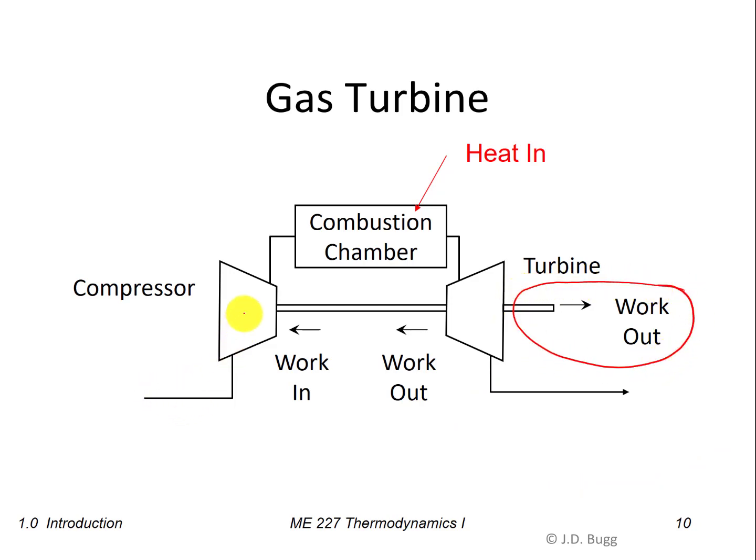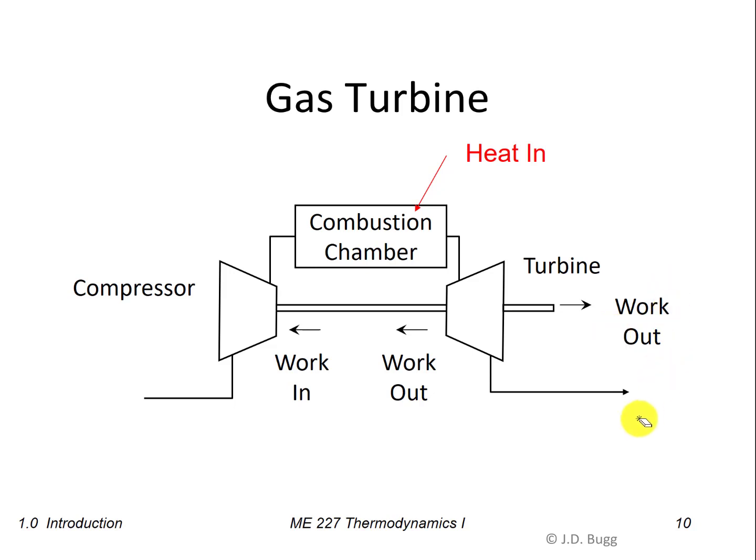So the compressor in this one and the combustion chamber or the heat exchanger are basically the same. But notice that this turbine produces work that runs the compressor, so that's the same, but it also produces extra work that is used in the surroundings somewhere.